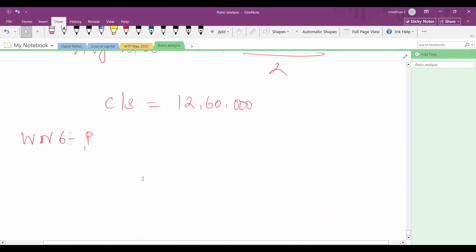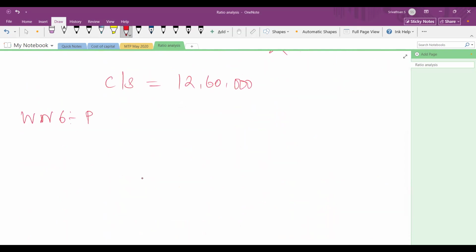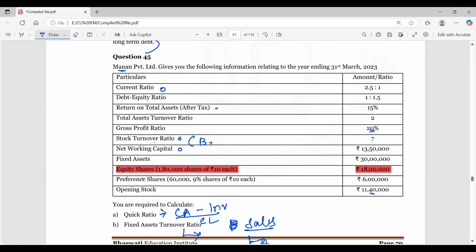Listen, for calculating proprietary fund, this is a crucial area. We can write total asset is equal to equity plus debt plus reserves, and equity is reserves and surplus given? Not given. Okay.